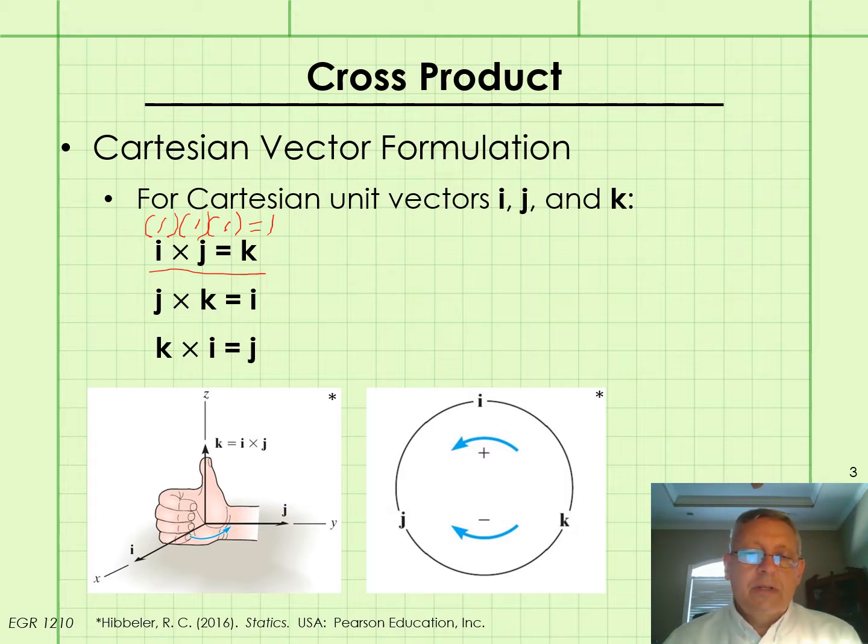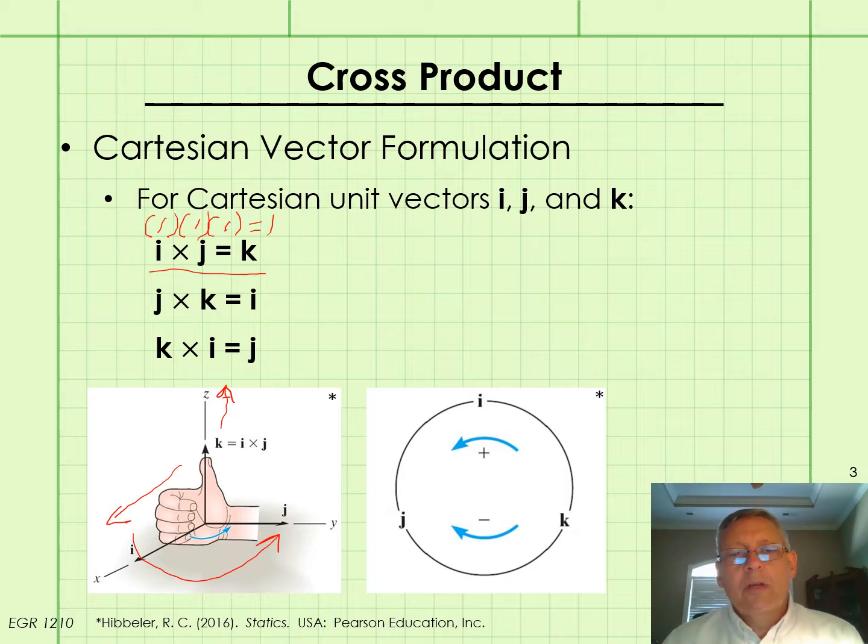Now for the direction, we need to use the right-hand rule. So let's look at the figure here on the lower left. If we're going to cross i into j, we extend our fingers down the x-axis in the direction of i, such that when we curl them, they curl towards the y-axis, which contains the j unit vector, and then our thumb should be pointing in the positive k direction.